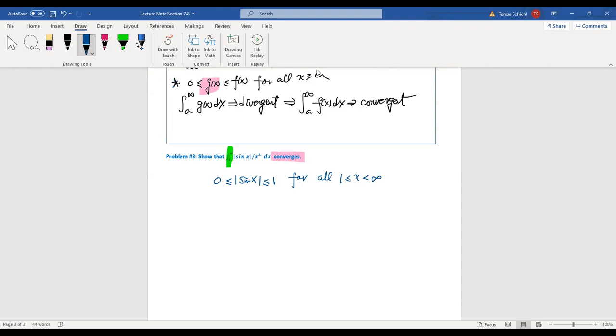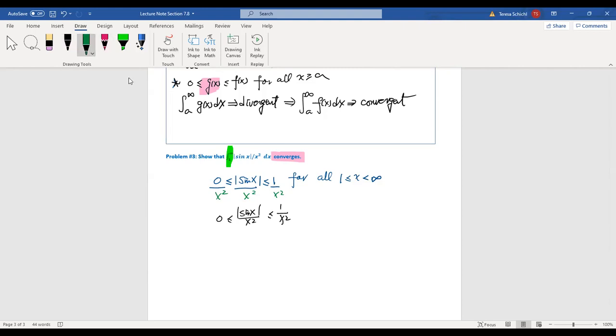Okay, now I'm dividing all the terms by x squared. So what I have here is 0, and then |sin x| over x squared is less than or equal to 1 over x squared, correct?